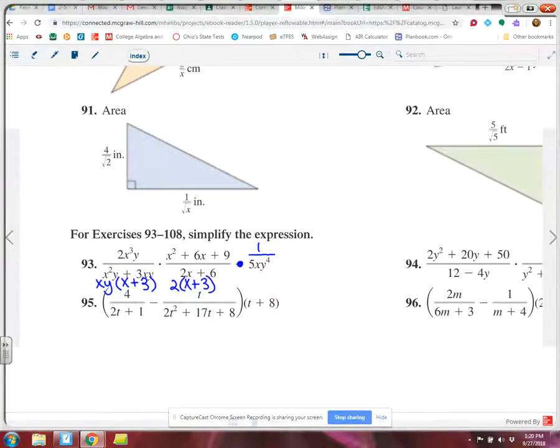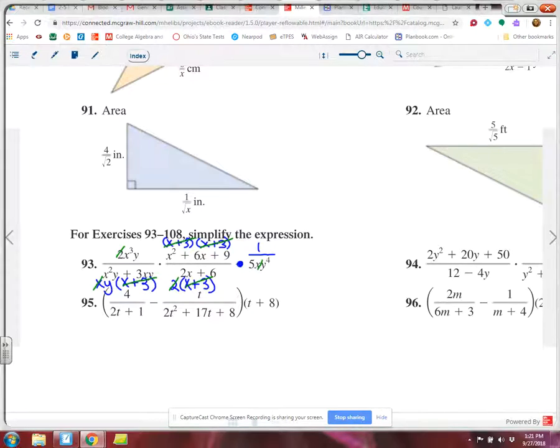And then the numerator actually is going to factor into a perfect square trinomial. x and x, 3 and 3, and then plus and plus. Any issues there? Okay, so let's go ahead and reduce. x plus 3, x plus 3, x plus 3, x plus 3. 2 and 2. x and x.